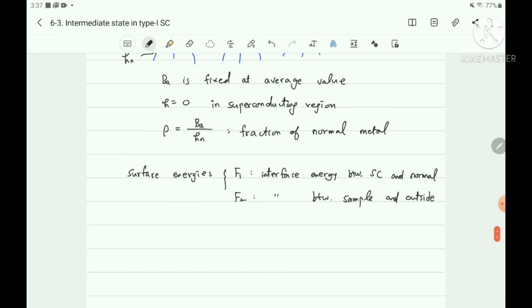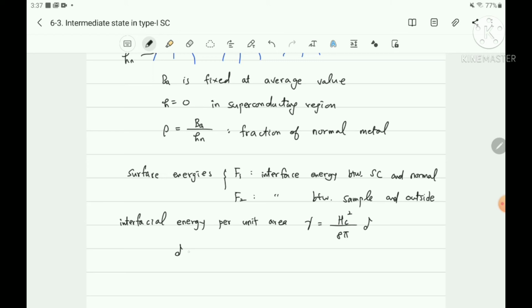Here we denote the interfacial energy density, energy per unit area. Let's write down gamma, which is proportional to the field energy, HC squared over 8 pi, the magnetic field energy at the critical field, and delta is a proportionality constant.